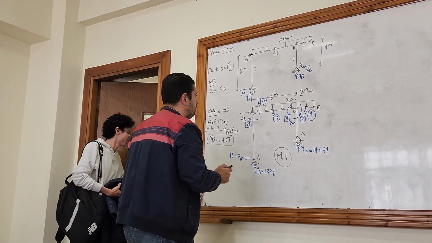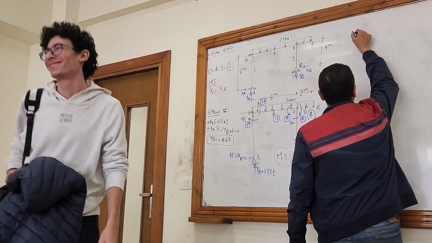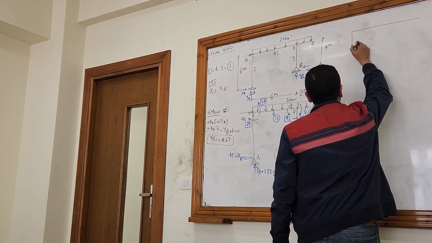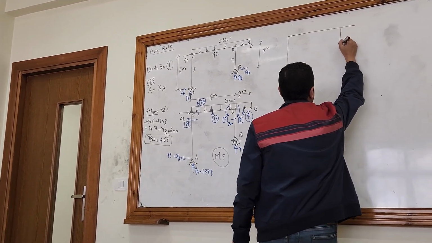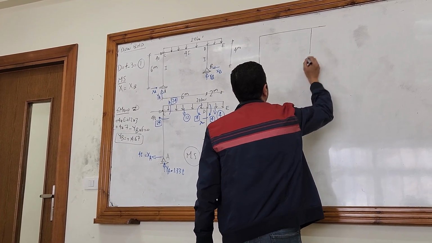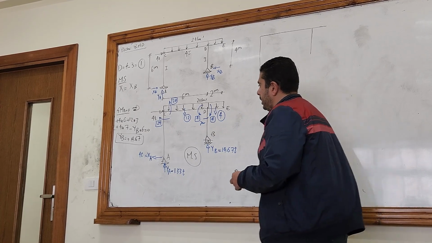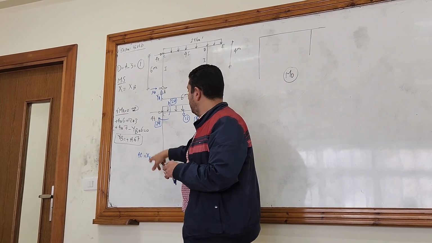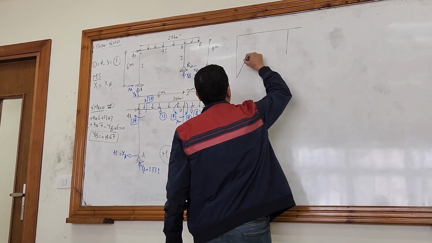So, to draw the bending moment diagram here, that will be named M node. Let's draw for each member. For the column CA, the moment at A is 0, and the moment at C is 24 to the right.